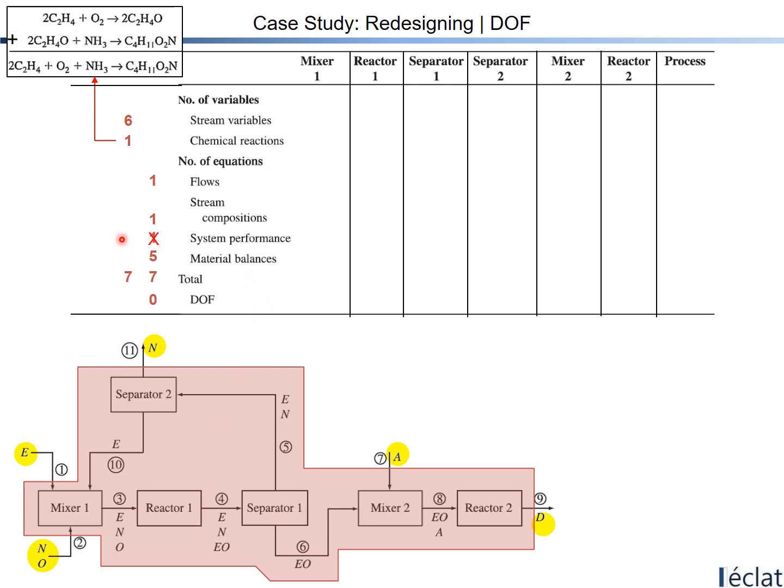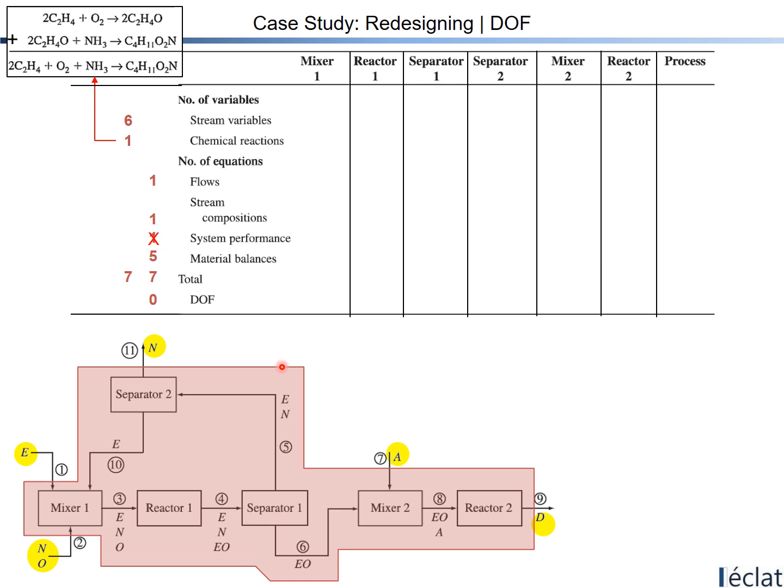So you should remove this one. The value of the ethylene amount is not directly related to the system performance specification, because some ethylene is recycled to reactor 1, so the input amount of ethylene gas is changing from the previous system without recycles. So in that case, we cannot use that system performance specification.